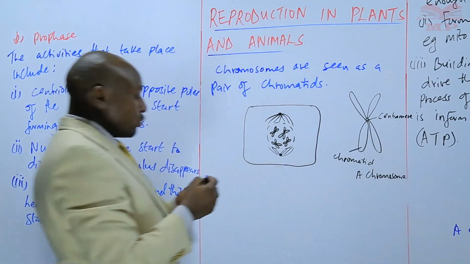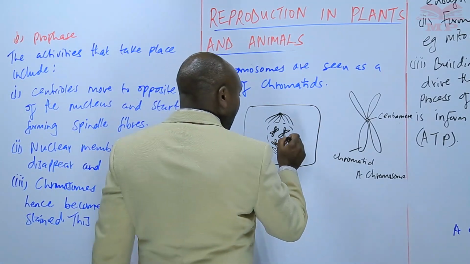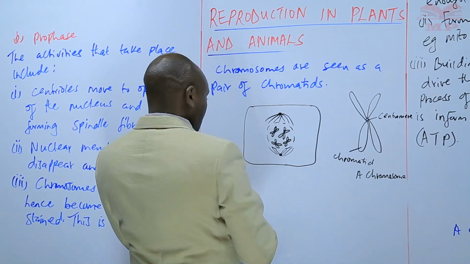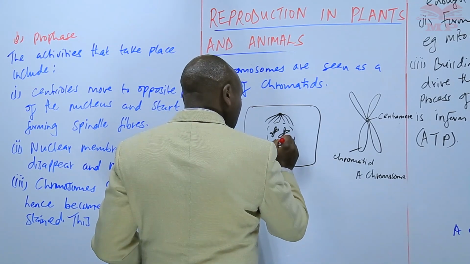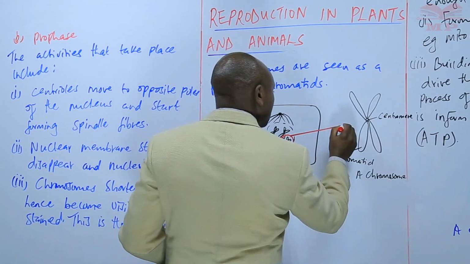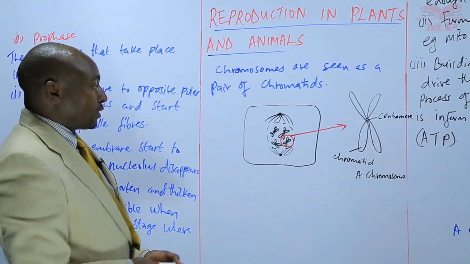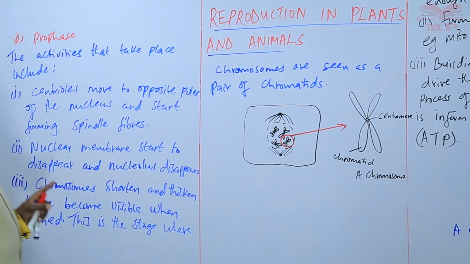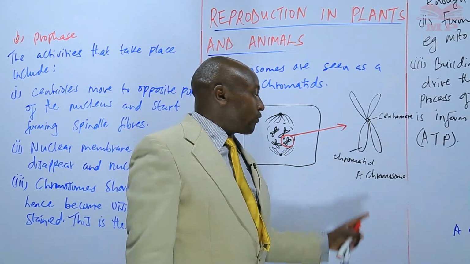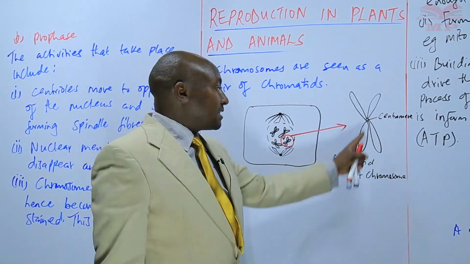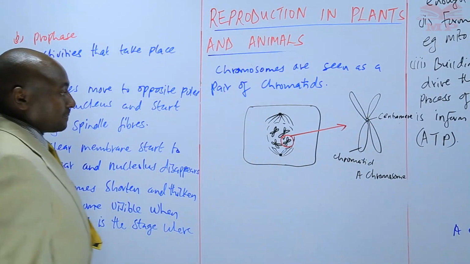So the stage at which we start seeing the chromosomes resembling this, I have isolated one here. So it's at this point where the chromosomes start being seen as a pair of chromatids. So we have this chromatid and then we have the other one joined together at the centromere.